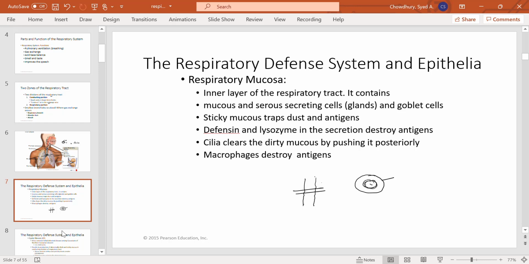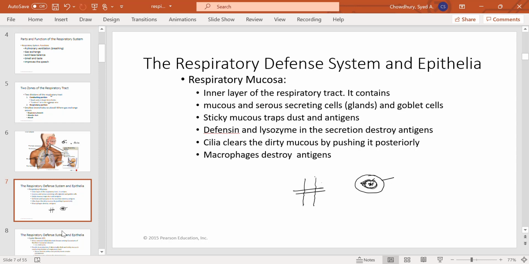So when you inhale, the air passes through this lumen, right? And your inhaled air might have microorganisms, right? We don't see, but all the time we are inhaling microorganisms or other antigens, dust. So the respiratory mucosa is preventing them from entering into the body. Okay, so it is a barrier, it's a protection.